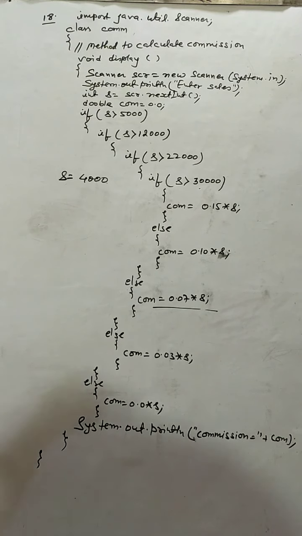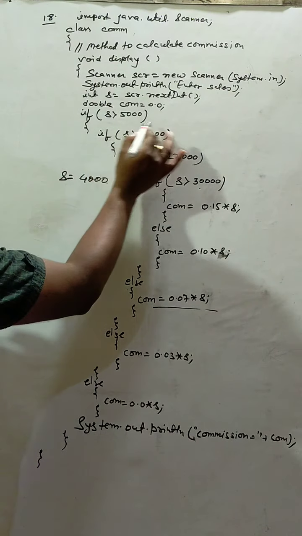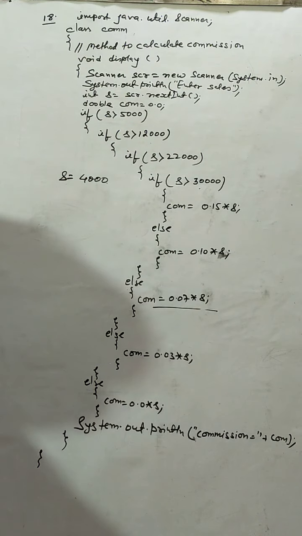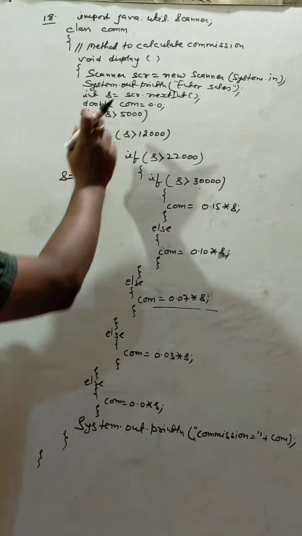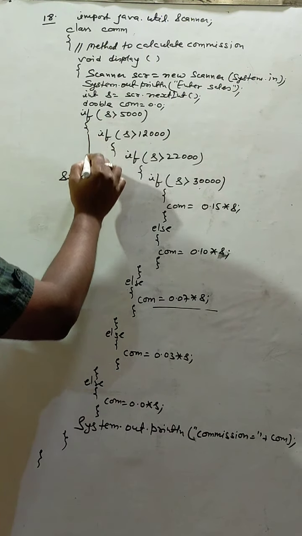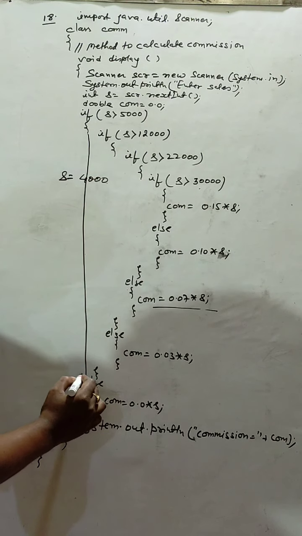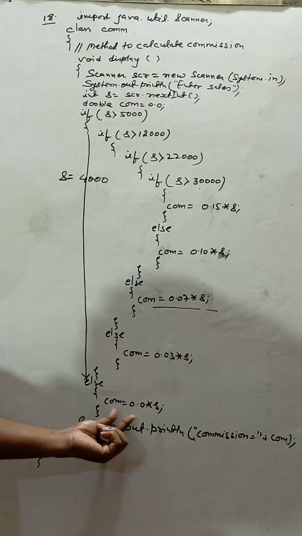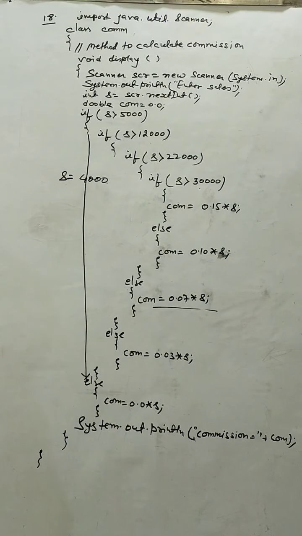So this time, what happens? First of all, this condition will be evaluated, that is S greater than 5,000. The first condition evaluates to false because the value of S is only 4,000, and 4,000 is not greater than 5,000. Then what happens? See here, its else is here, and here commission equals 0.0 of sale.